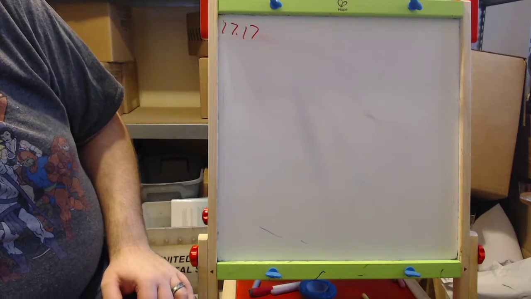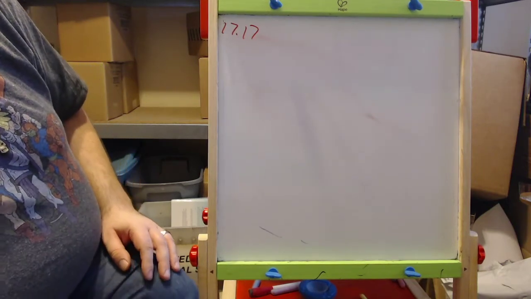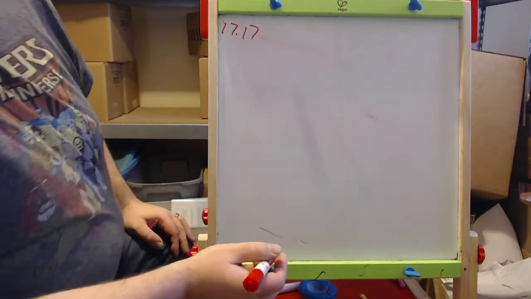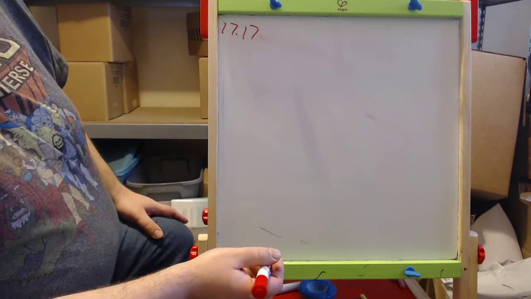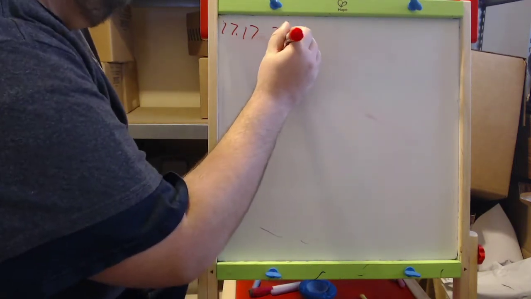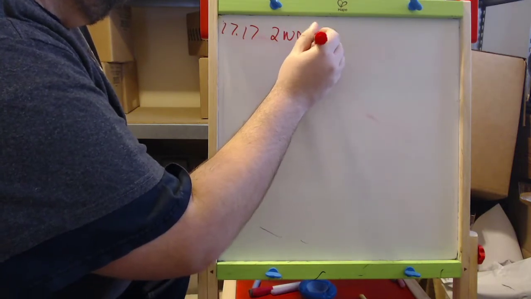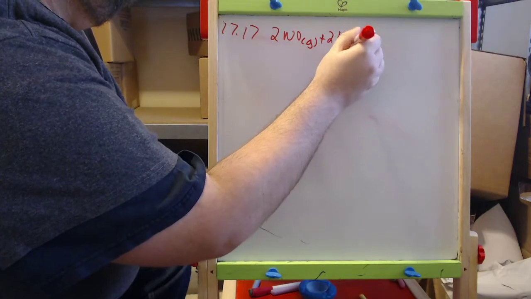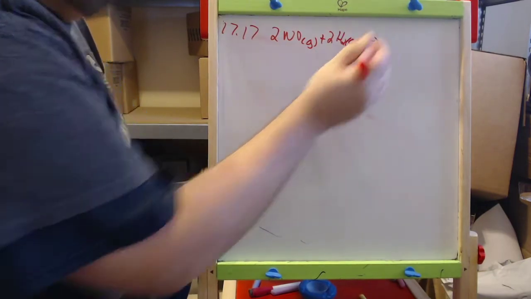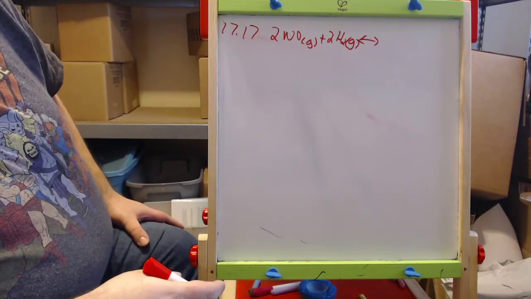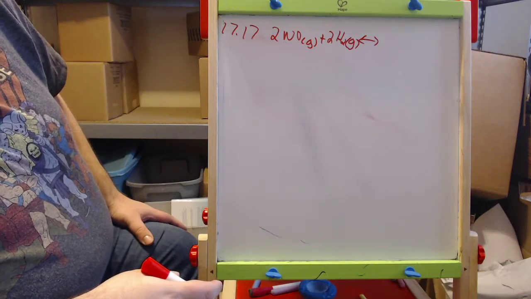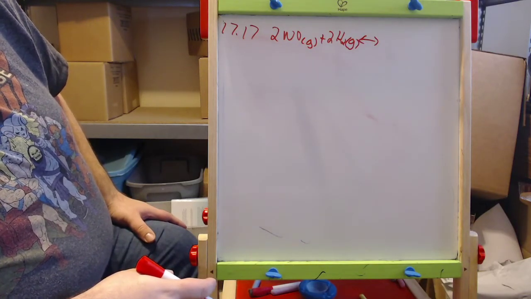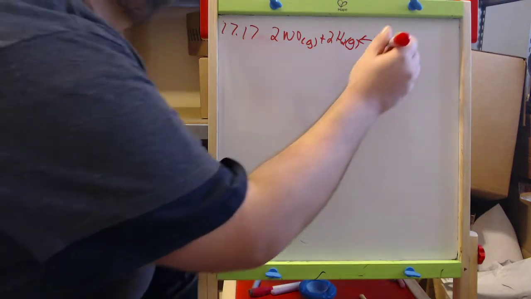And, all right, so 2NO gas plus 2H2 gas is at equilibrium with N2 gas and 2 waters.